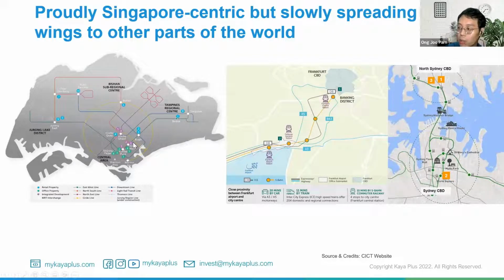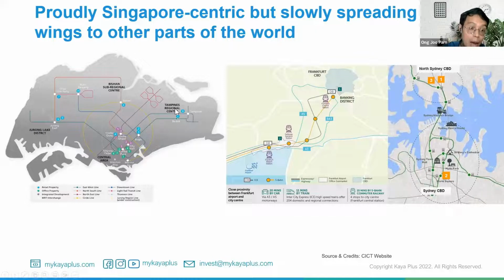Of course, there are also more situated in Raffles City, right? In Orchard. So probably if you have ventured to that area as well, you've also visited one of CICT's properties there. But if you are someone who is not visiting the central part of Singapore, you probably visit your relatives who are staying in, for example, the Jurong part of Singapore, or probably the Bishan area.